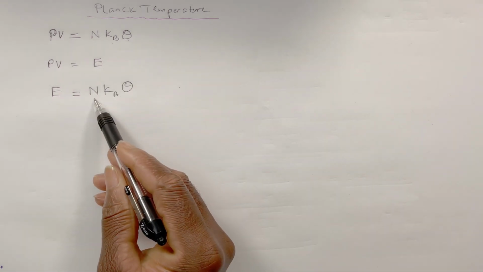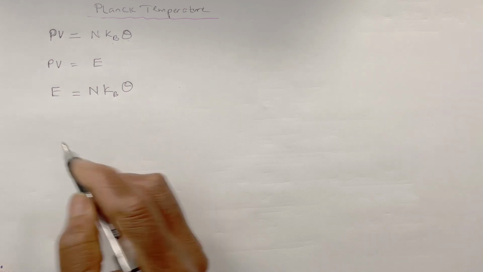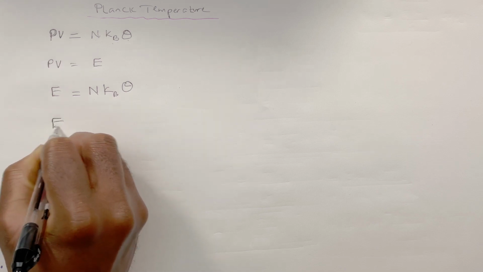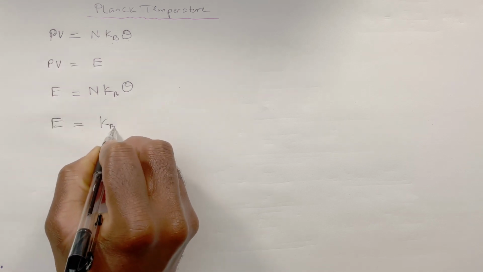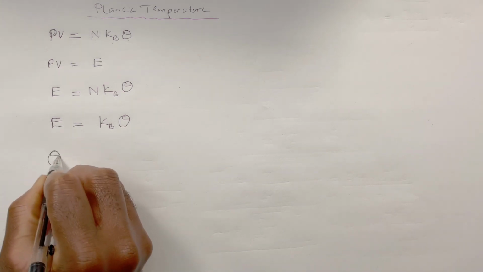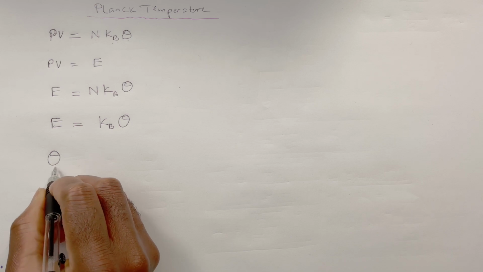But the N is a constant. We don't need that one because it's just a number of particles in the system. So what we need is to just use E equals to kB times the temperature. So the temperature here, this is theta, by the way. That's a Greek letter for temperature, theta.